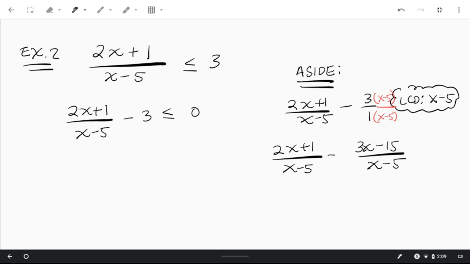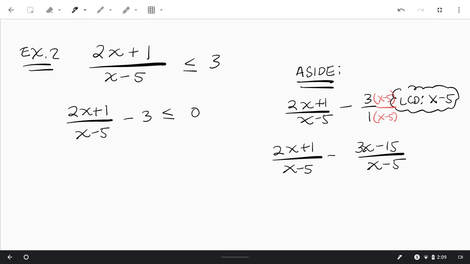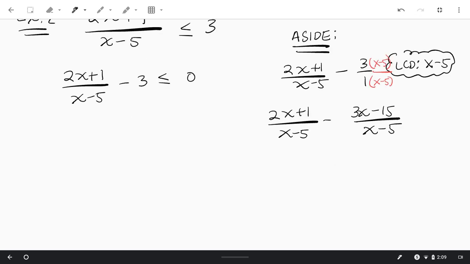And now that they have common denominators, I can go ahead and subtract these. So 2x minus 3x is negative x. 1 minus negative 15 becomes positive 16. And the denominator remains x minus 5.